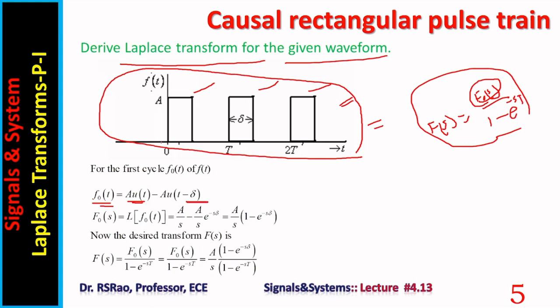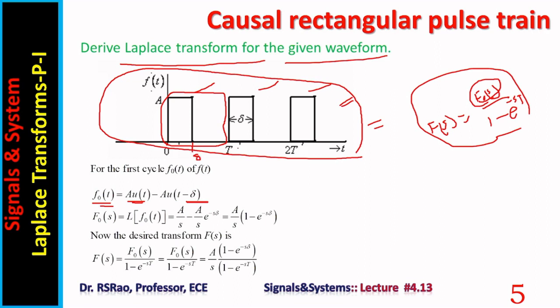Notice the first cycle of the signal, it is from 0 to T encircled by the pen, and the starting point is 0. The pulse is there up to delta.